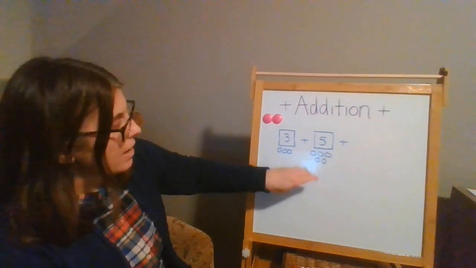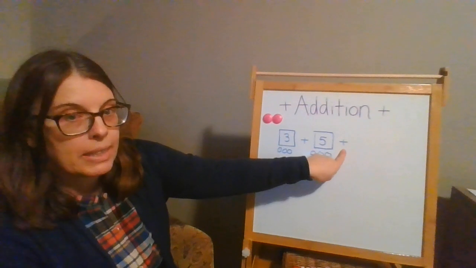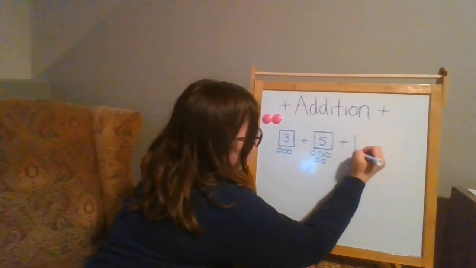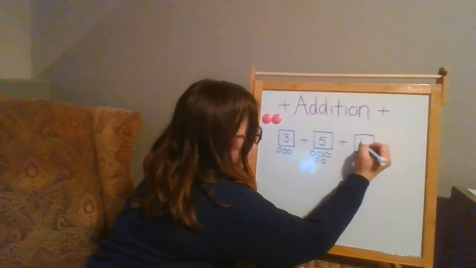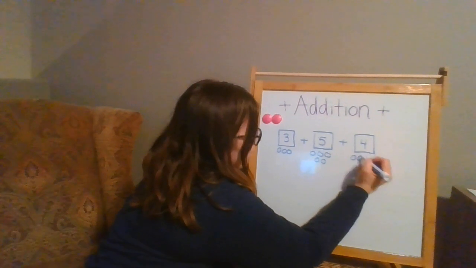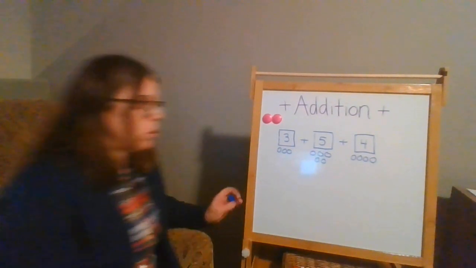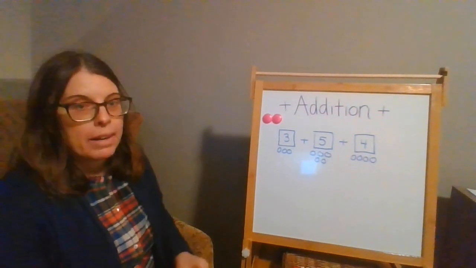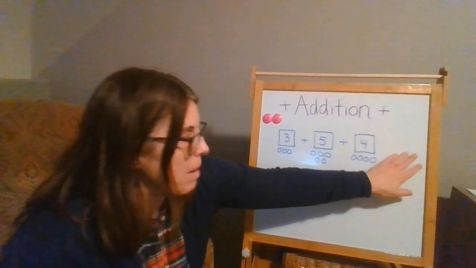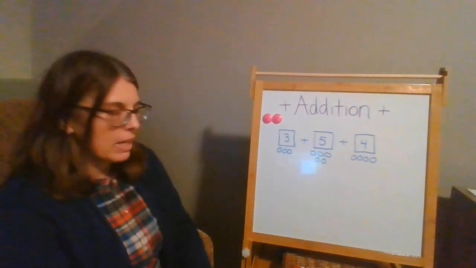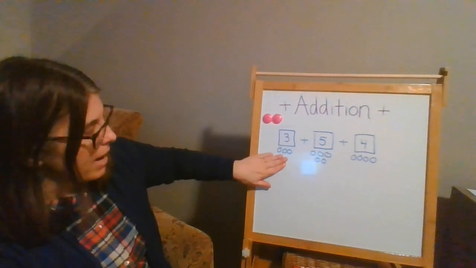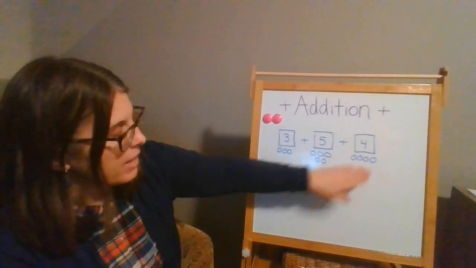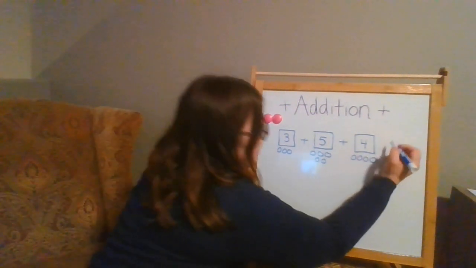So if you want to add another number, you just put another plus sign and add your next number. And you can do this as many times as you want. I could add other people on here. I could add my sister and my mom. I could keep going forever if I wanted to. But for now, I'll do I ate 3, Silas ate 5, and Dan ate 4. Now, how many does that equal?